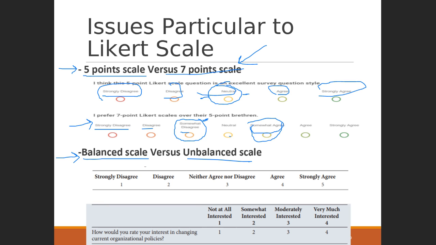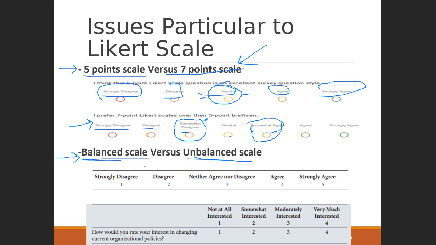Secondly, balanced scale versus unbalanced scale. A balanced scale includes a middle point, a neutral point, usually shown as neither agree nor disagree, or simply as a neutral point in the scale. An unbalanced scale does not contain this neutral point.